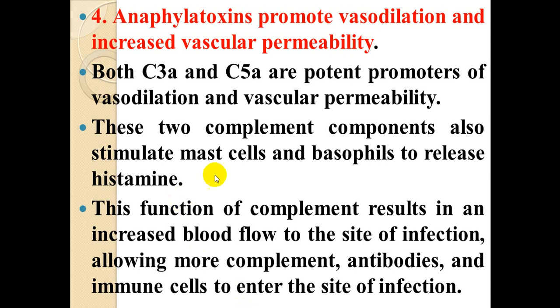These two complement components also stimulate mast cells and basophils to release histamine. This function of complement results in increased blood flow to the sites of infection, allowing more complement, antibodies, and immune cells to enter the site of infection.